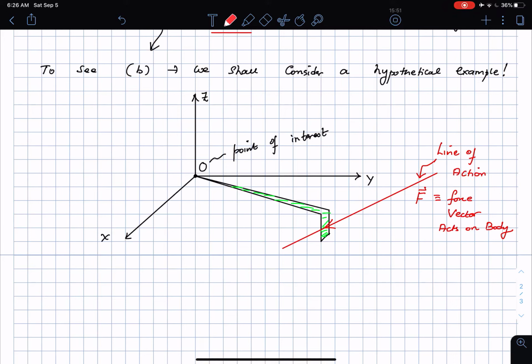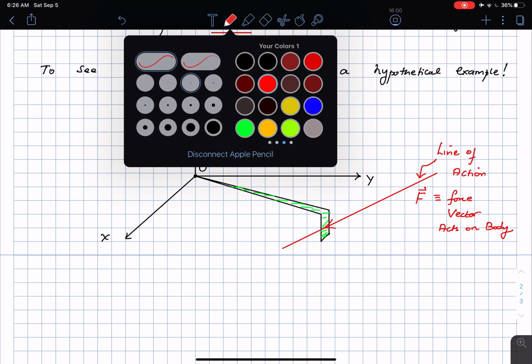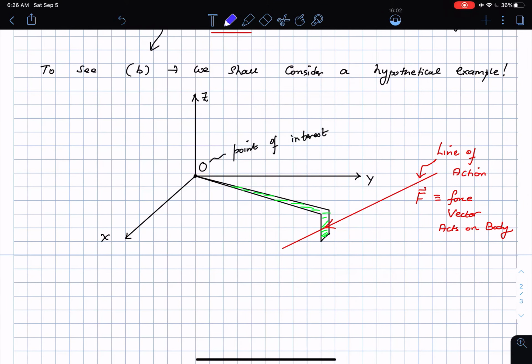And then what am I saying? If I'm trying to find the moment of this force about the point O, I can do the following. First thing is I'm going to call this point here point A. I'm going to consider one more point on this line of action, which is the point B. And I'm going to take this figure once again and draw it on the next page, as you will see.